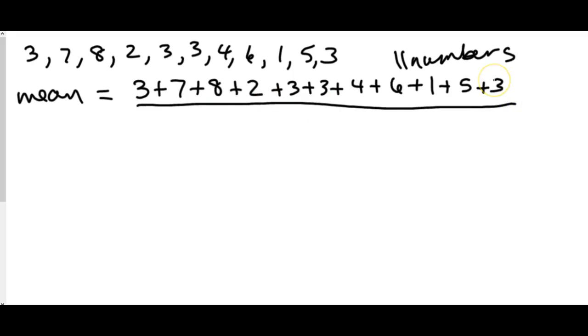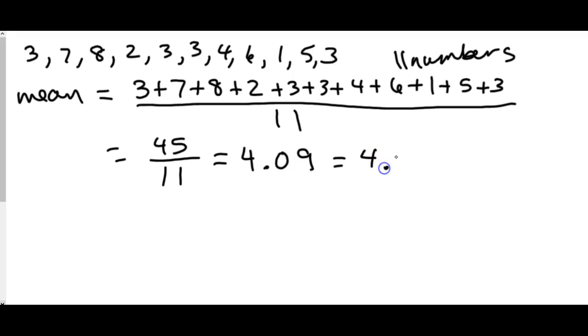And then since there were 11 numbers, we would divide by 11. So add it all together, 20, 30, 45. There's 45 when they're added all together. And if we do 45 divided by 11, that gives us 4.09, or if we were to round, 4.1. So that is the mean, that's the average value.